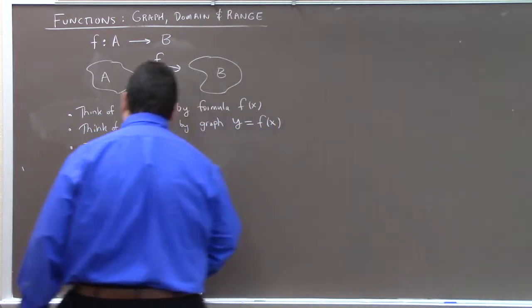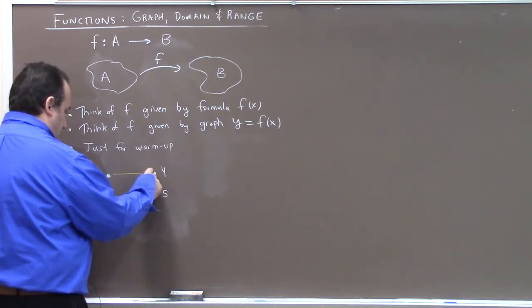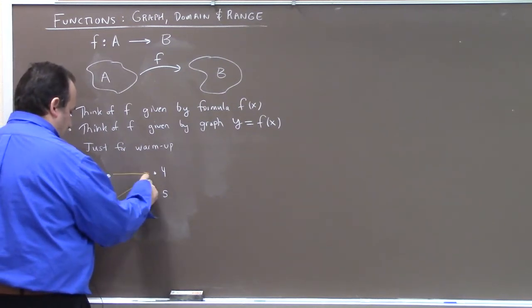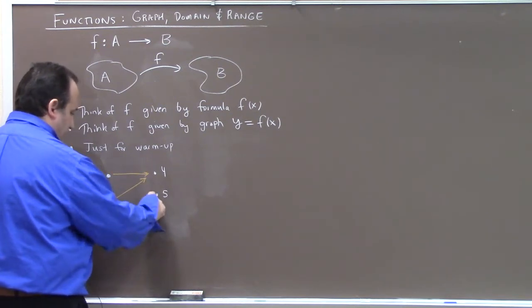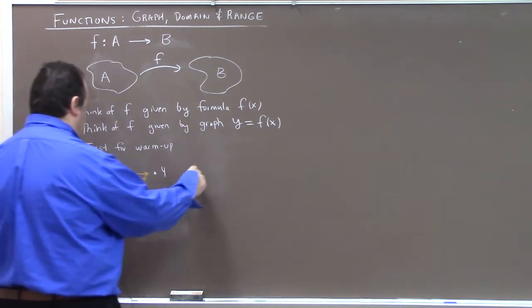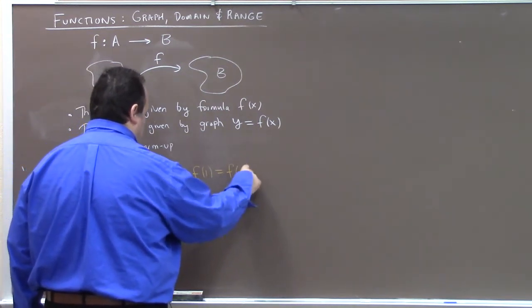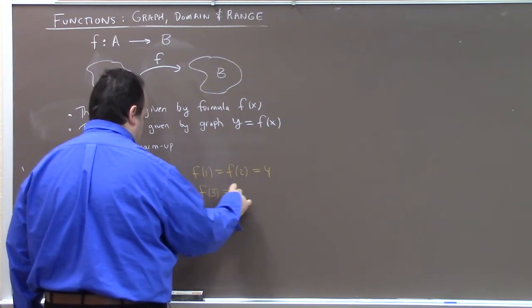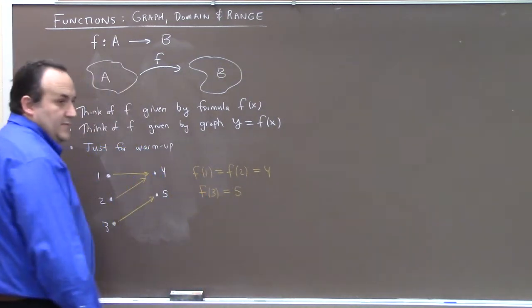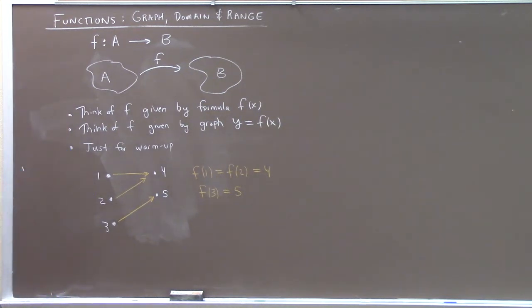One function you could think about would be 1 goes to 4, 2 goes to 4, and 3 goes to 5, right? So here we would have f of 1 equals 4, f of 2 equals 4, and f of 3 equals 5, right? The key idea here is that each input goes to just one output.